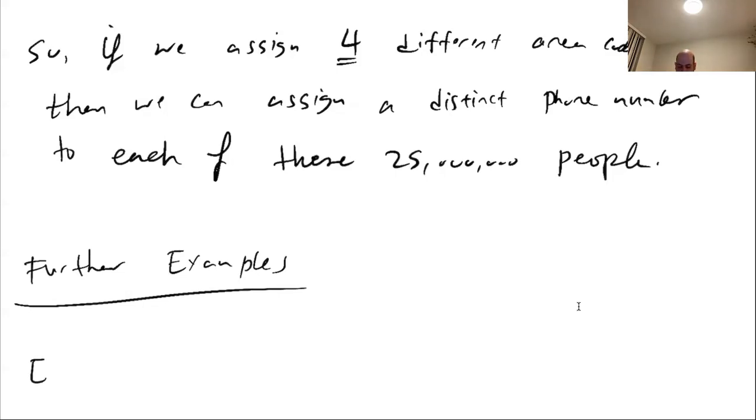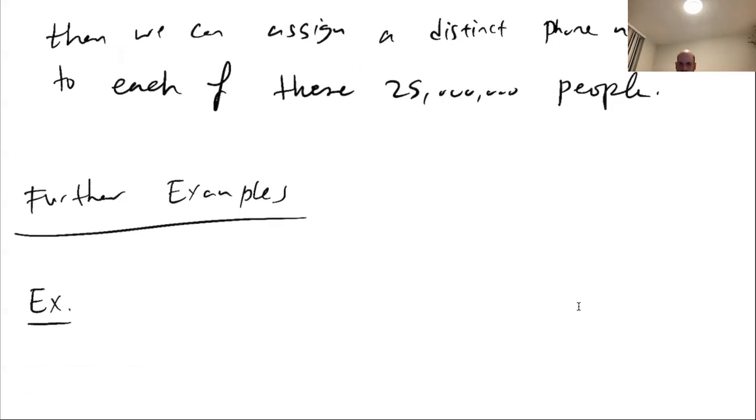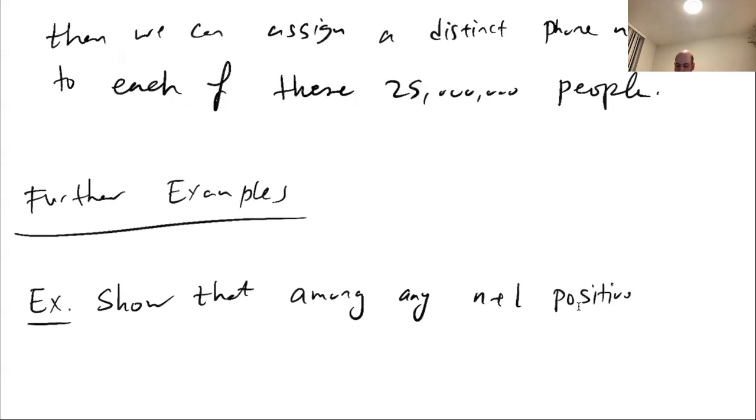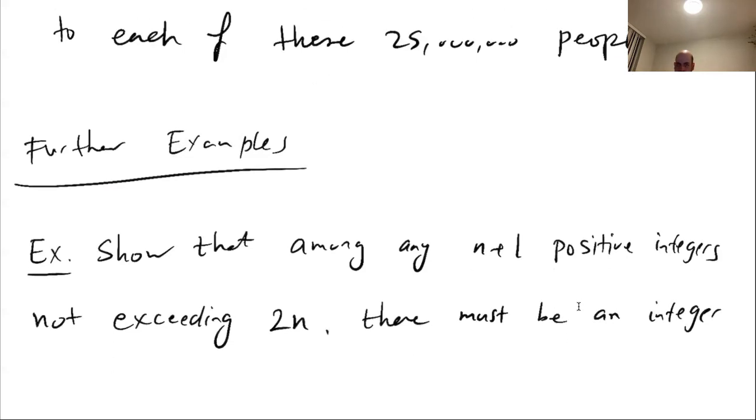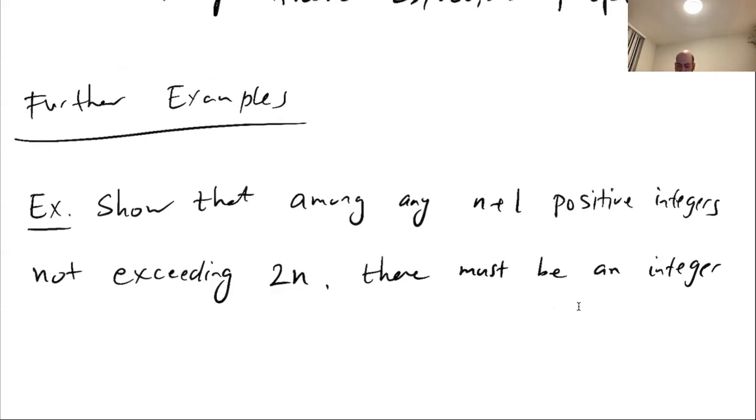So example: show that among any n+1 positive integers not exceeding 2n, there must be an integer that divides one of the other integers.